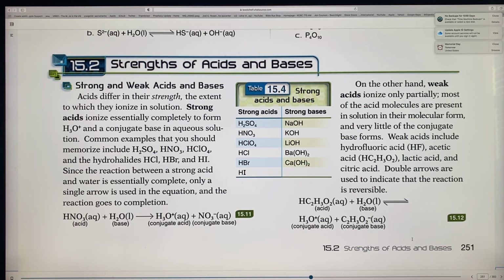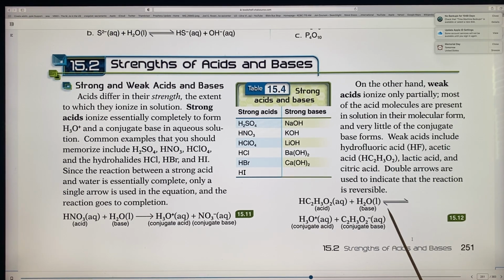On the other hand, weak acids ionize only partially. Most of the acid molecules are present in solution in their molecular form, and very little conjugate base forms. Here is a weak acid going on to the base. You have the double arrows, meaning some of it goes through and some of it doesn't.